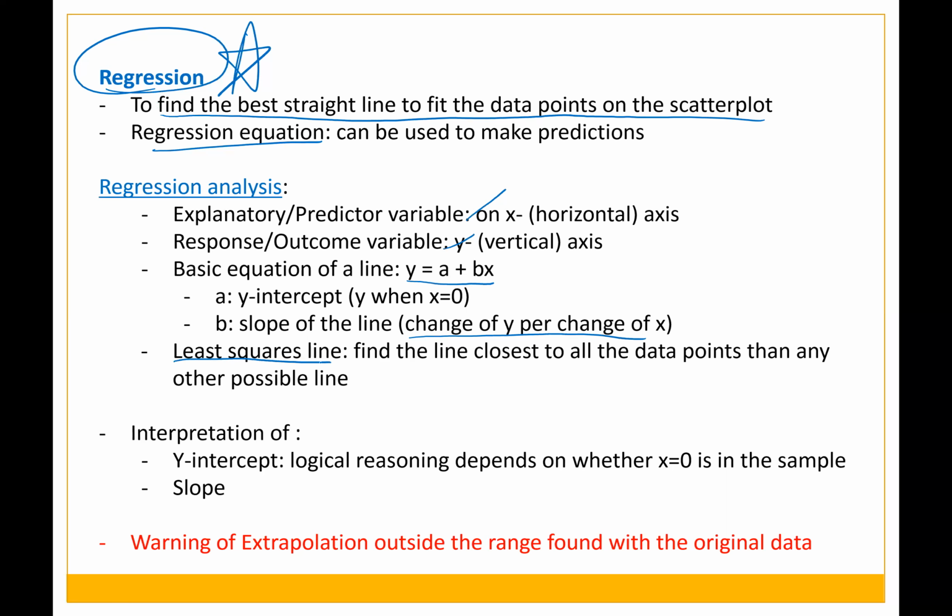We also need to know how to interpret the y-intercept and the slope. The y-intercept is, as we say, defined as the y value when x is equal to 0. However, it might have some physical meaning or not, depending on whether x equals 0 is in your data set.